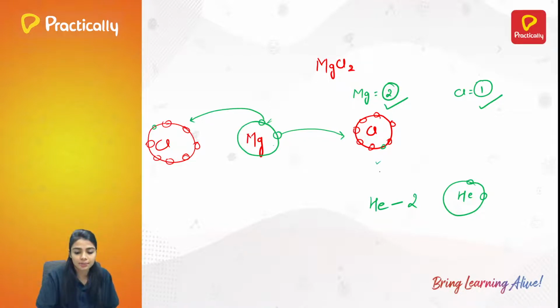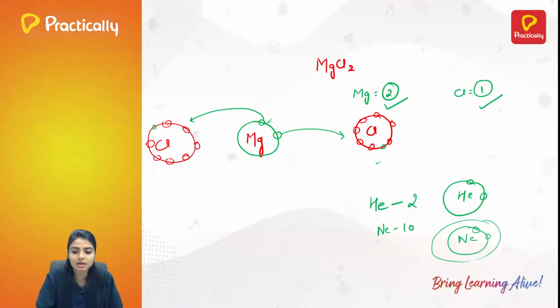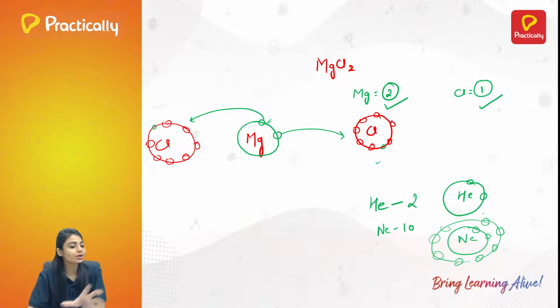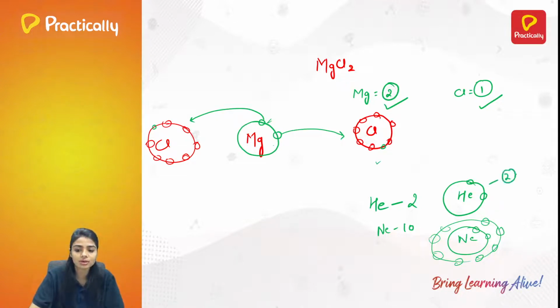It is stable. What about neon? Neon has atomic number 10. So in the first shell, 2 electrons, and in the next shell, it has 8 electrons. So it is again stable. Neon has 8 electrons in the outermost shell, so it is stable. Helium has 2 electrons, stable.